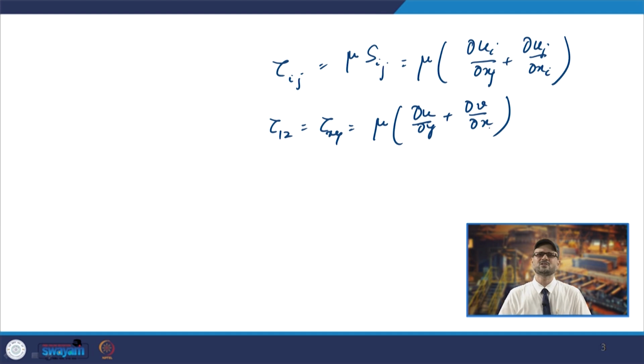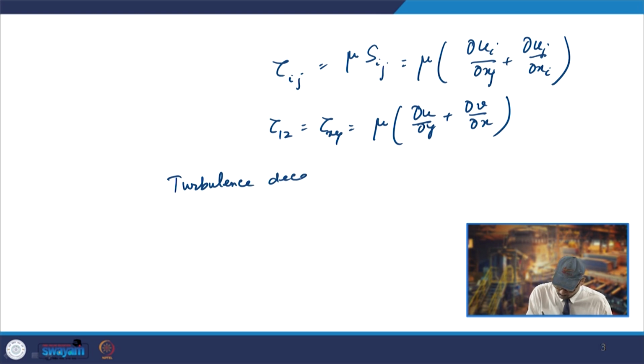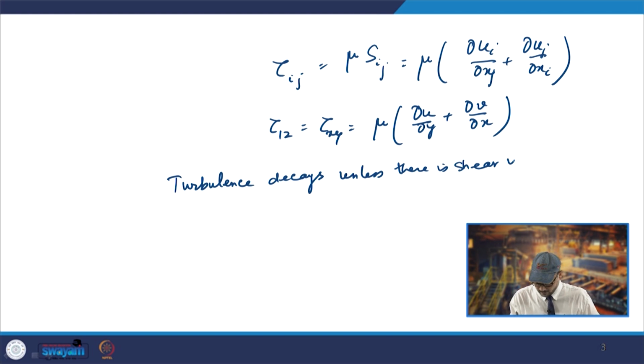Now, when we talk about turbulence, you will have the decay of the turbulence also. What is found is that the turbulence decays unless there is shear, in isothermal incompressible flows.